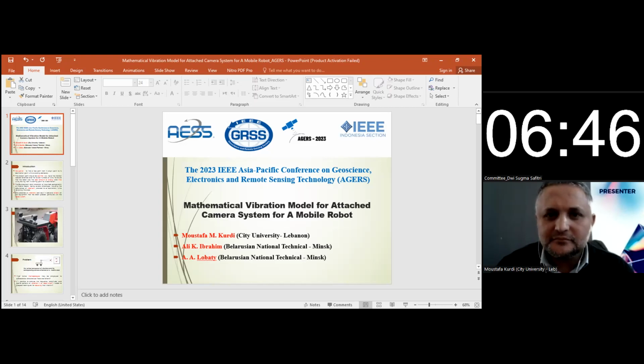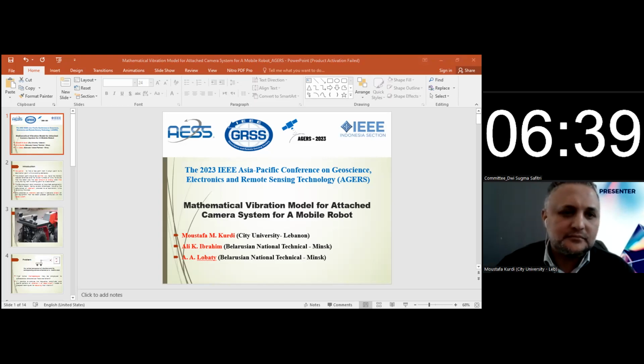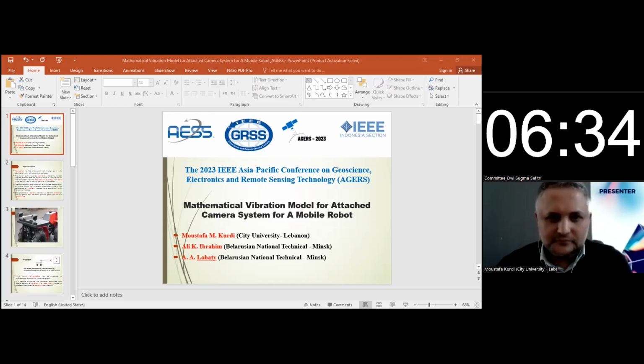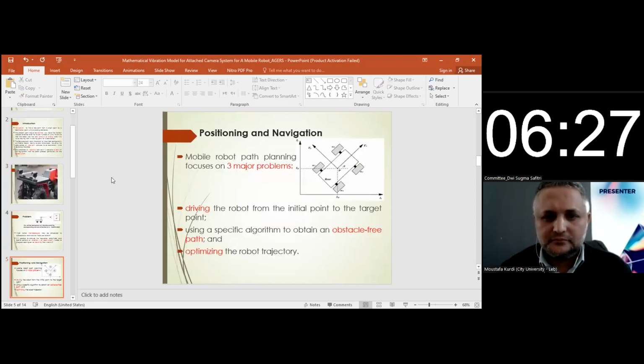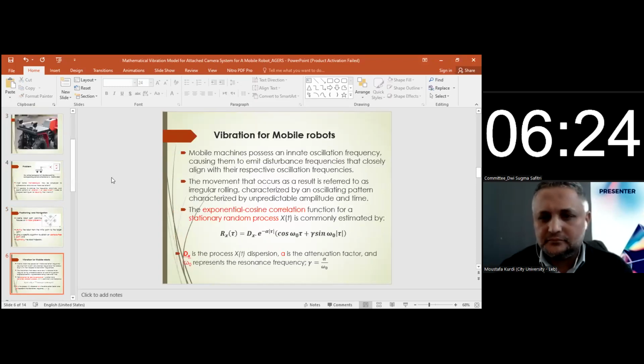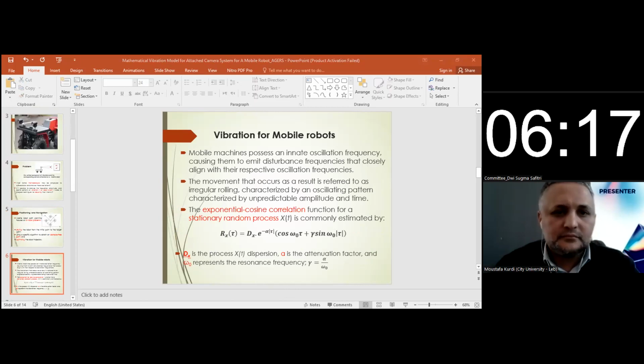Let me share regarding the correlation functions. Yes, that one. It is too small for me to read. Can you put it into a bigger figure?